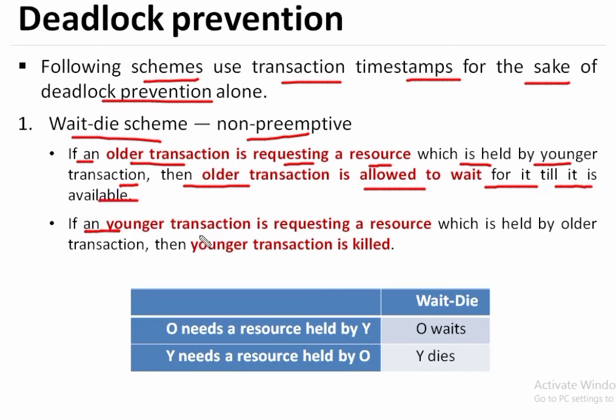If a younger transaction is requesting a resource which is held by an older transaction, then the younger transaction is killed. So wait and die: if O needs a resource held by Y, then O must wait, and if Y, the younger, needs a resource held by the older, then the younger should die.